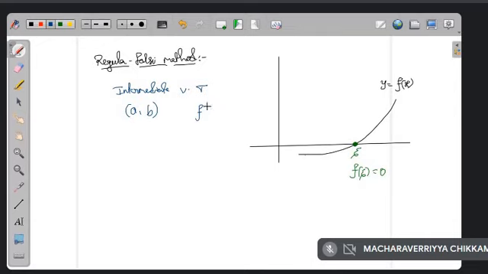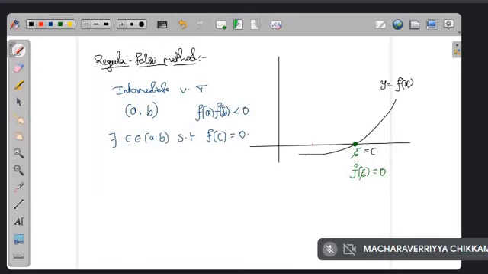It means f of a times f of b is negative. It means there exists c between a comma b such that f of c equal to 0. Now our aim is to approximate this c. That c is nothing but our psi.